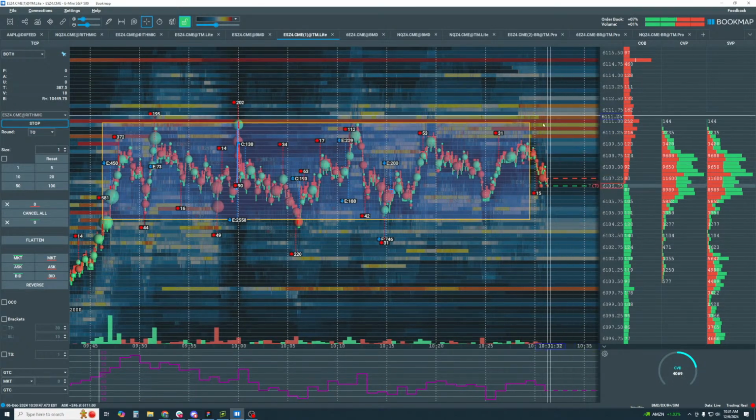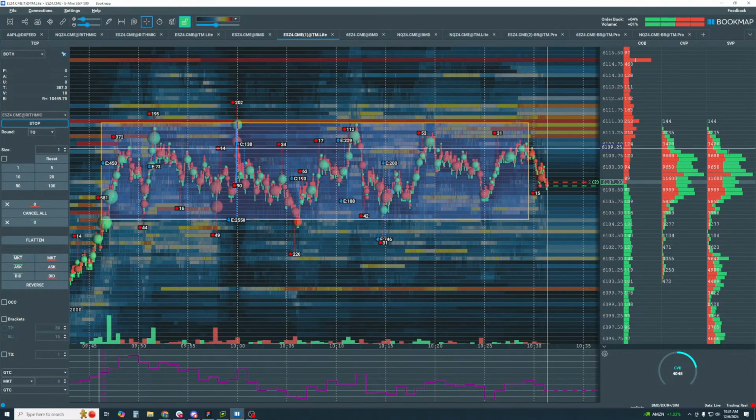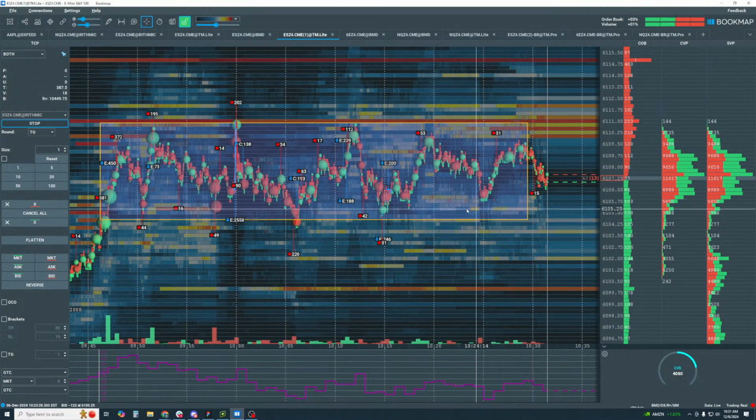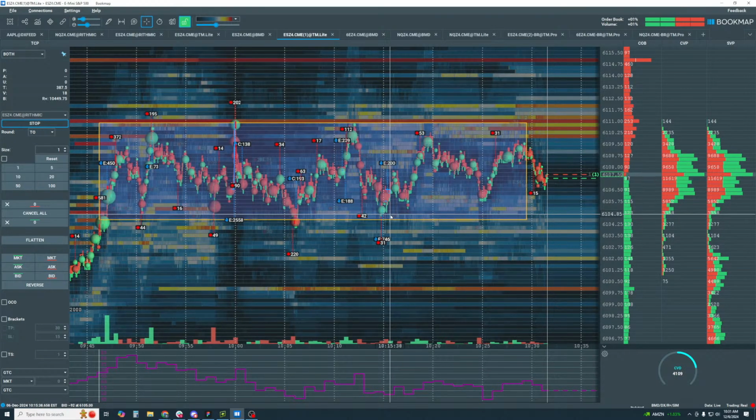These are where the sellers are. These are where the buyers are. Now it just so happens it's between a beautiful single distribution here. What that means is down here, there's not a whole lot of traders, buyers or sellers.